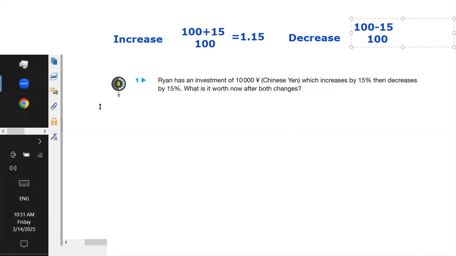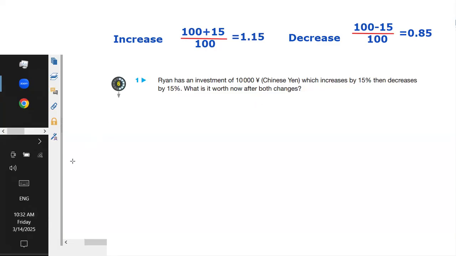So the answer would be, subtracting from 100 will make it an 85. So it's going to be 0.85. Focus on the steps of finding the multipliers because they are very important. Now we have the two multipliers. I can use them in the question. So I'm going to take the original value.